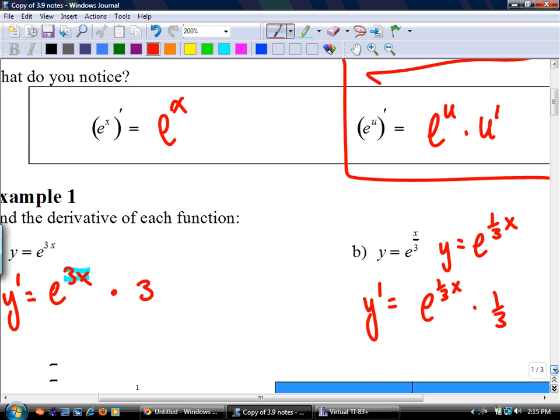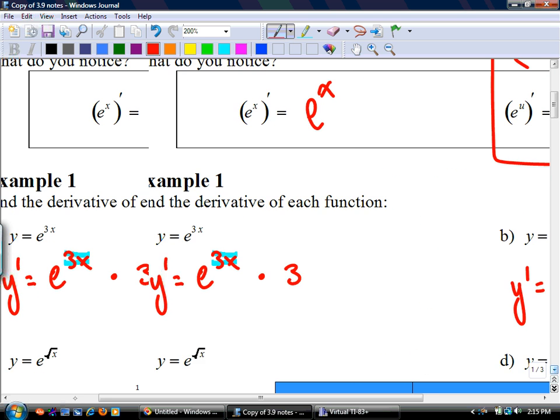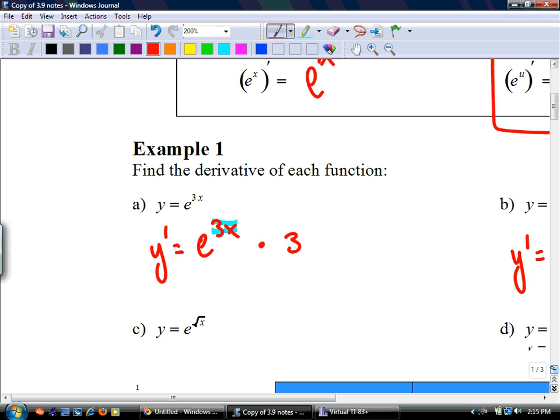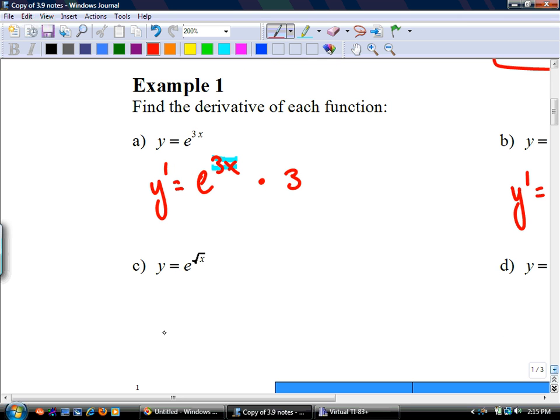Okay, what's the one to the left of it, down low? E to the root x. Close. How about we say u equals root x, which is x to the 1/2. So u prime equals. So it's e to the u times u prime.